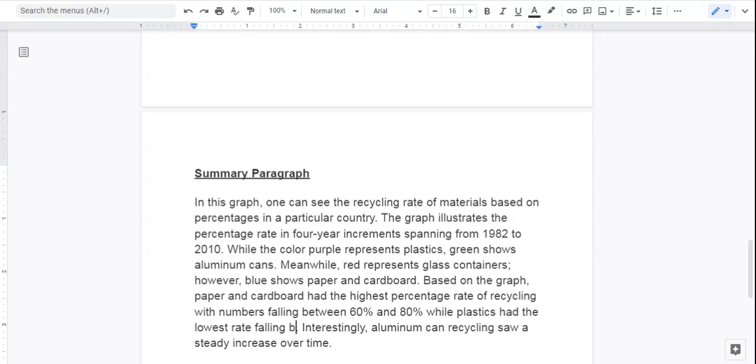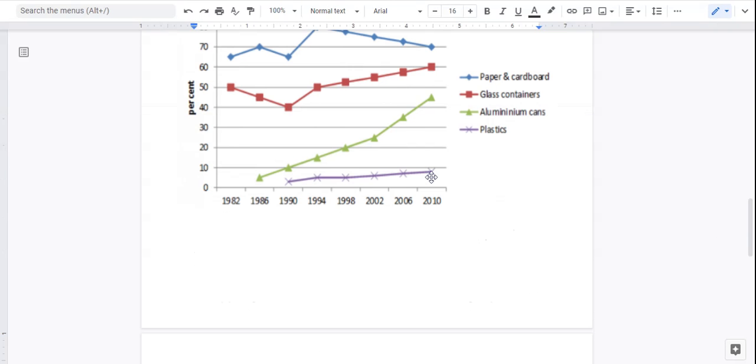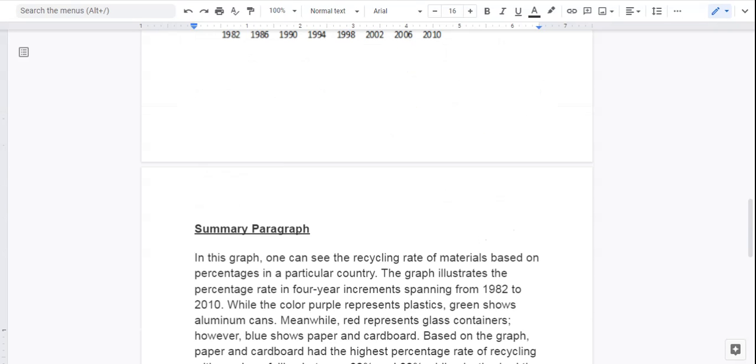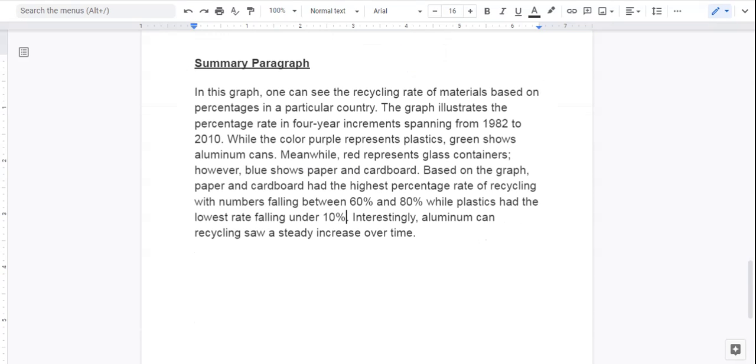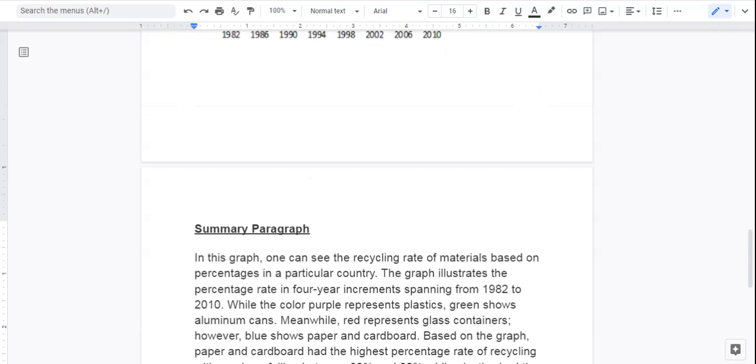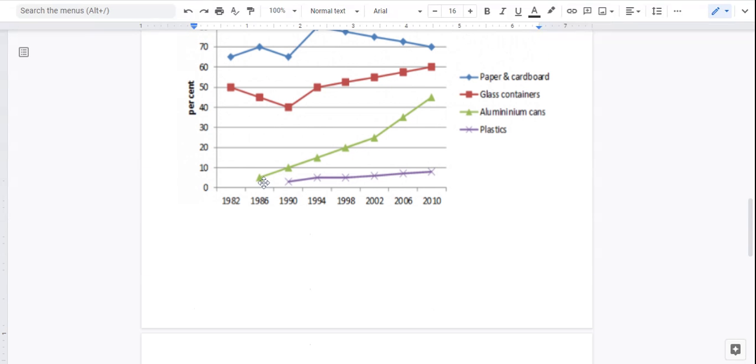falling under 10%. Interestingly, aluminum can recycling saw a steady increase over time from 1986 to 2010.